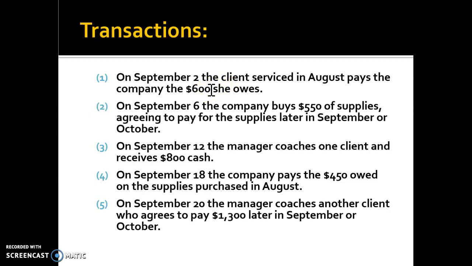We got the service fee from the client, but the client didn't pay for it. So now in September, we receive the client's payment for the money that she owes. This information is called one transaction because this sort of thing that happens to our firm will change our firm's resources and sources of resources, or would change our firm's assets, liabilities, stockholders' equity, and so on.